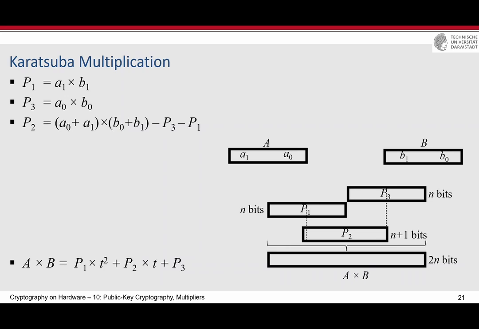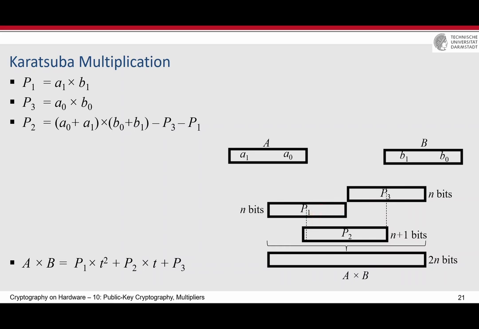Now this is the scheme, just to show you where they should be added together if you sum them up. This is P3, the result of A0 multiplied by B0, and this is P1, the result of A1 multiplied by B1. Because this one should be multiplied by T squared, there is no intersection between them.